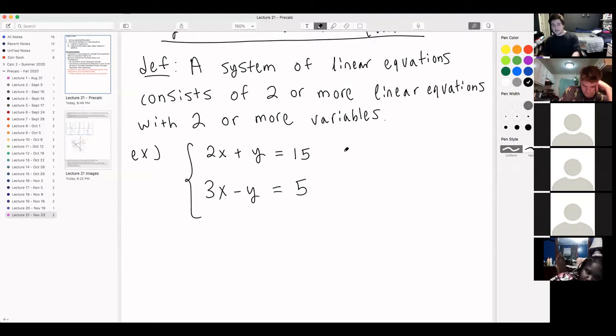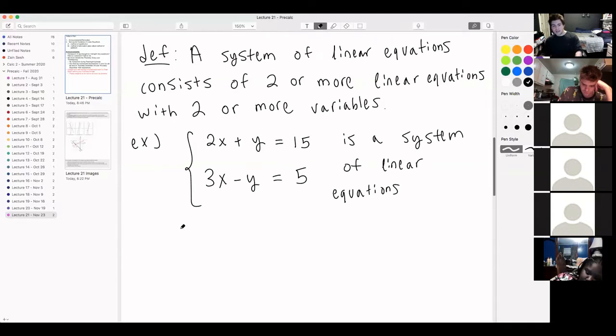Okay, this is a system of linear equations in two variables. And the two variables here are x and y.